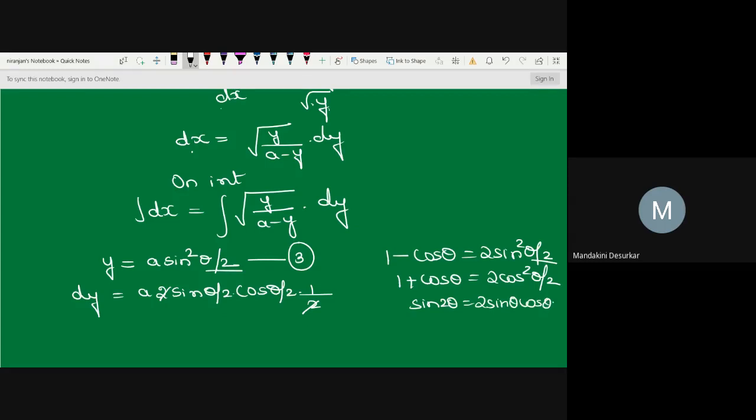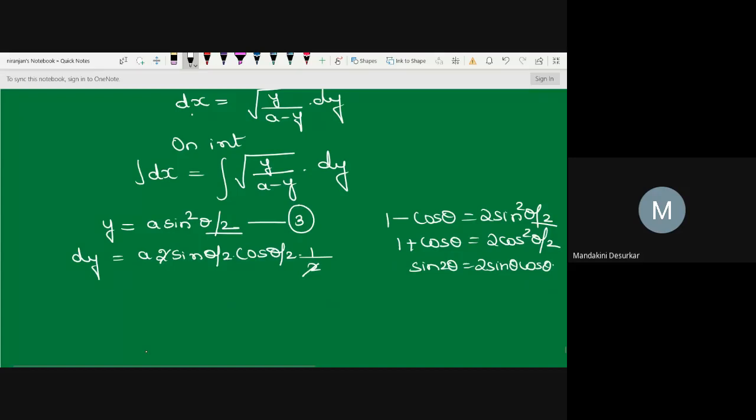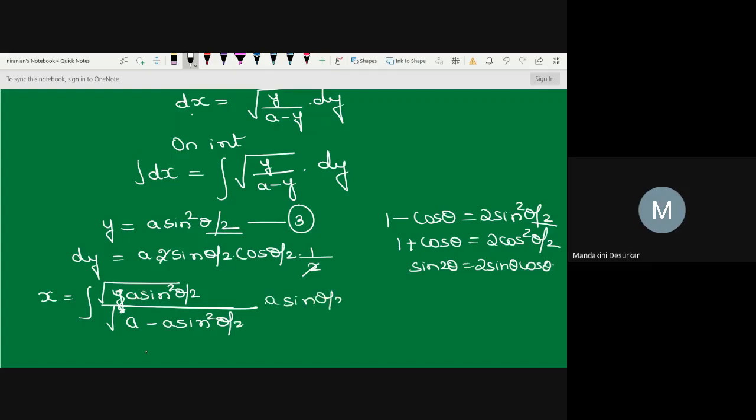Now substituting, it is x is equal to integration of square root of y, which is a sine square theta by 2, divided by square root of a minus a sine square theta by 2, dy is a sine theta by 2 cos theta by 2 into d theta.